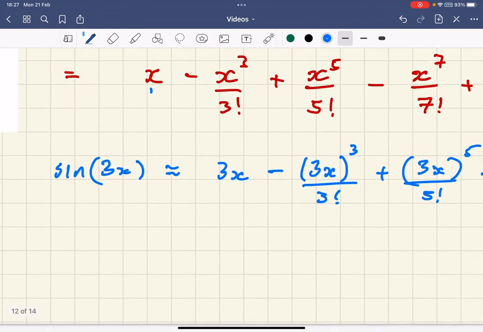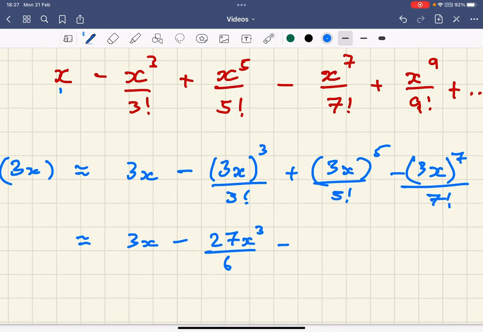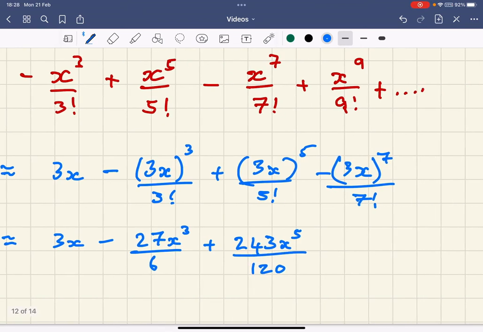So when I just do that, this gives me 3x, and this is going to give me minus 27x cubed over 3 factorial, which is 6, and you can simplify that, plus 243, I think, x to the power of 5, and 5 factorial is 120, and then we take away 3 to the power of 7.